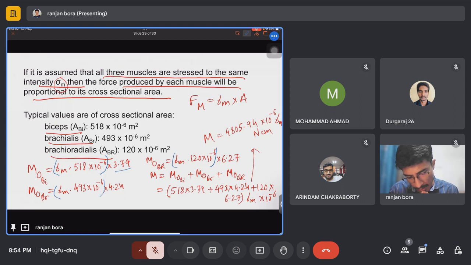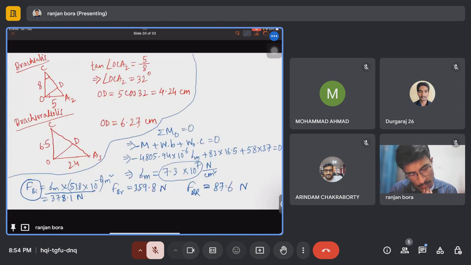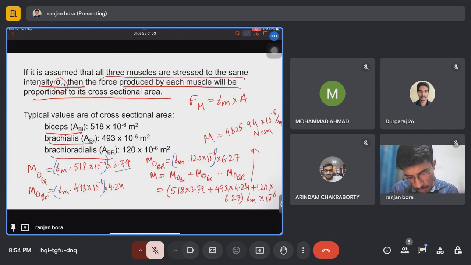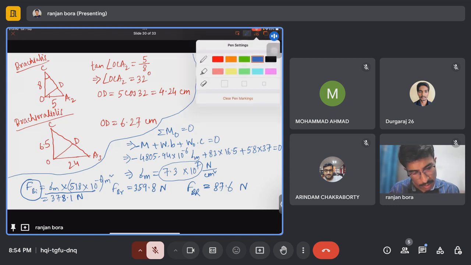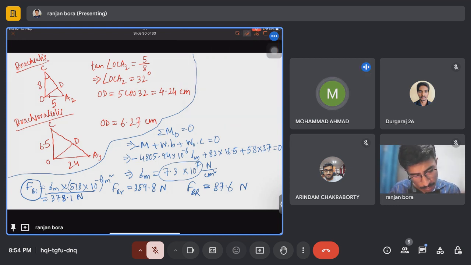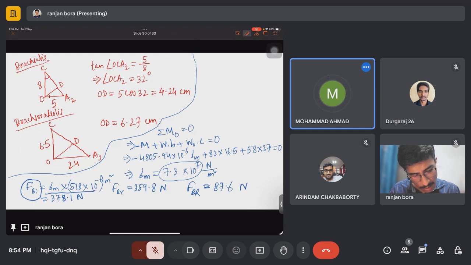Sigma m 518 meters square, this is centimeter. So what I wrote initially, I wrote here, I think, 10 power 5 kilograms.